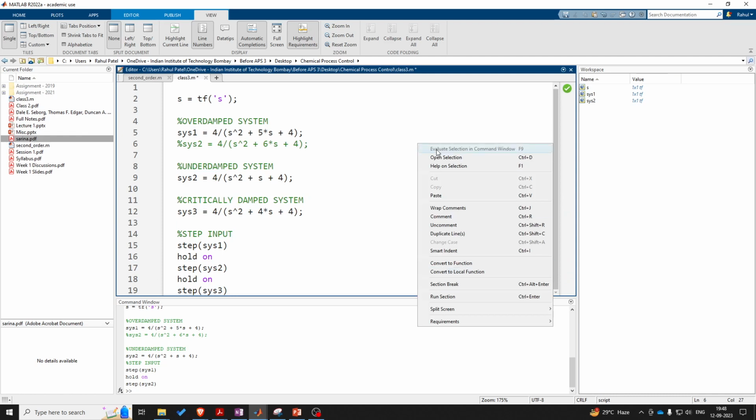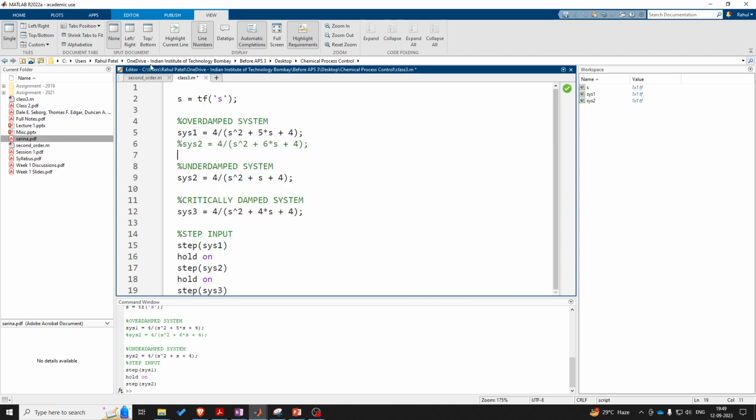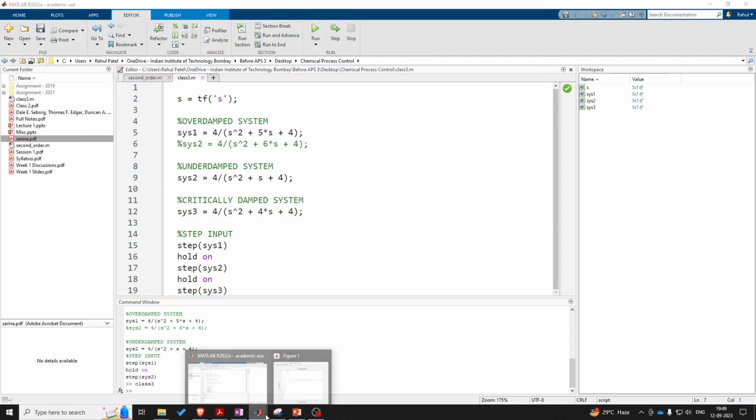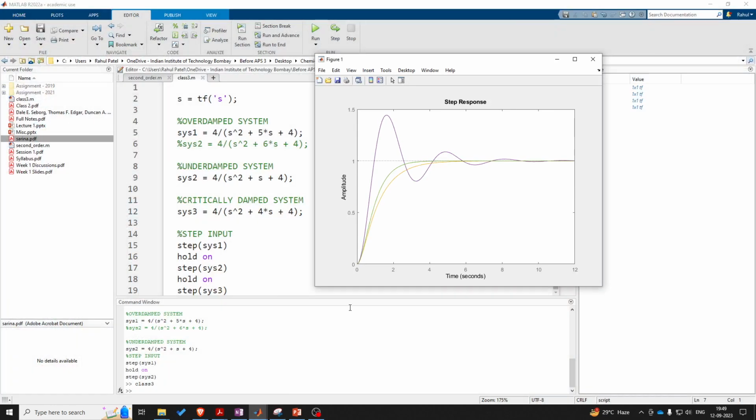I'll just run that. So over here we can see the response corresponding to each of these plots. That is, the oscillatory one corresponds to this underdamped system, this green line corresponds to the critically damped system, and the yellowish orange line, this third line, corresponds to this overdamped system. For the oscillatory one it is zeta less than 1, and for this green line it is zeta equal to 1, critically damped system.